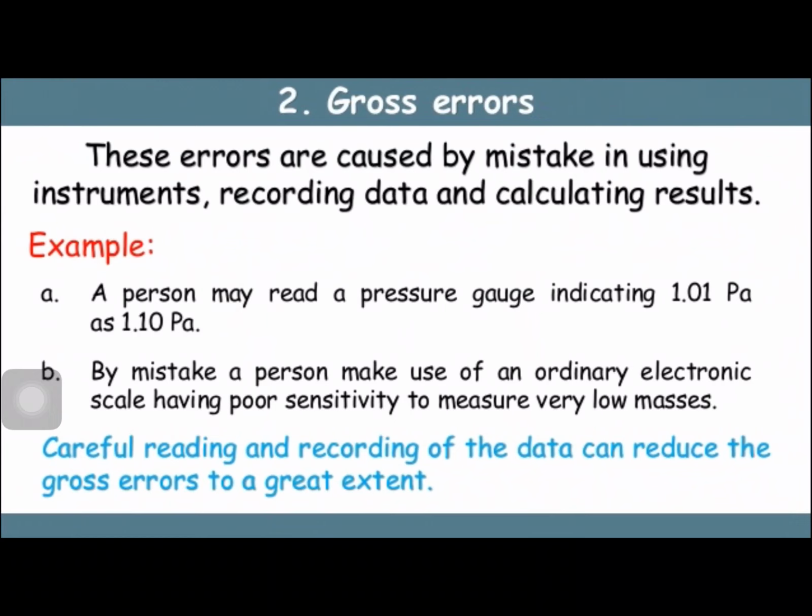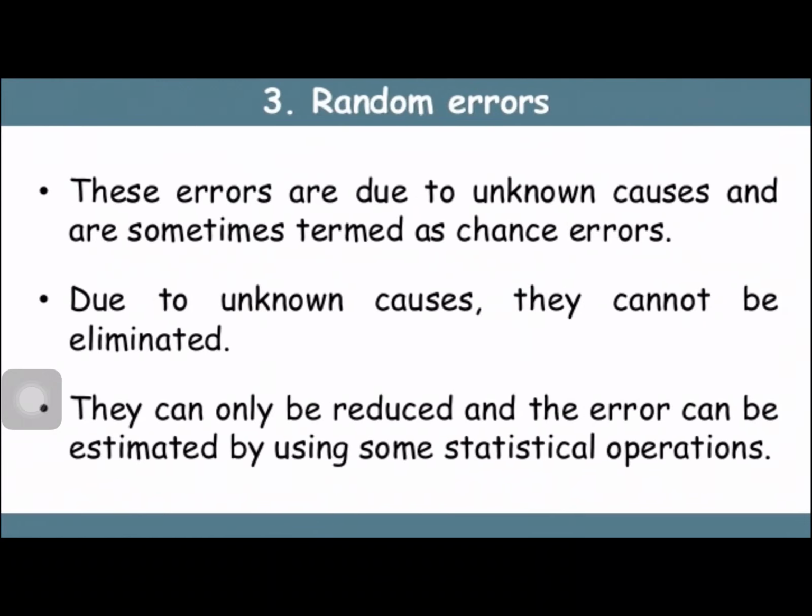This leads to error. By mistake, a person uses an ordinary electronic scale having poor sensitivity to measure very low masses. So careful reading and recording of the data can reduce the gross error to a greater extent.